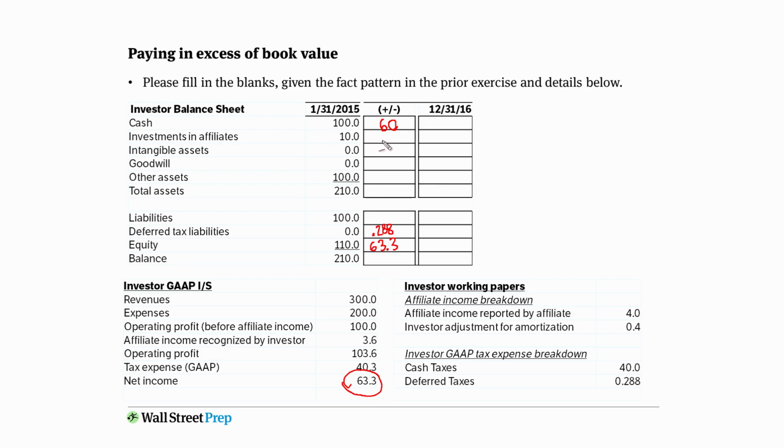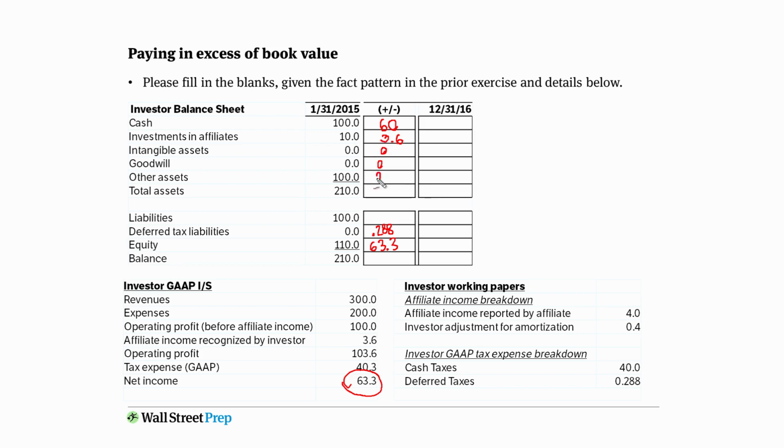Investments in affiliates went up. And this is the main point here. Investments in affiliate went up not by $4 billion, but by $3.6 billion. Nothing is happening to intangible assets. Nothing is happening to goodwill. You see, all of those things are happening to the Yahoo intangible assets and Yahoo goodwill, which is all captured within the working papers that lead to these numbers, and that's the main takeaway here.